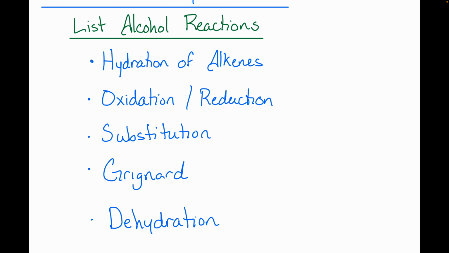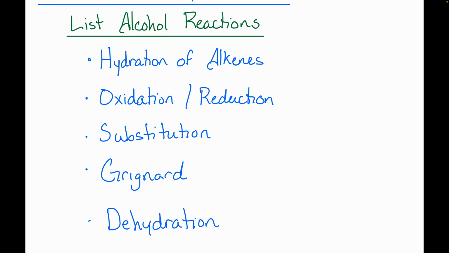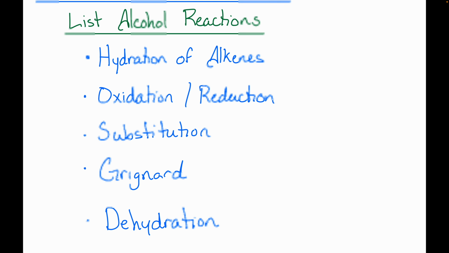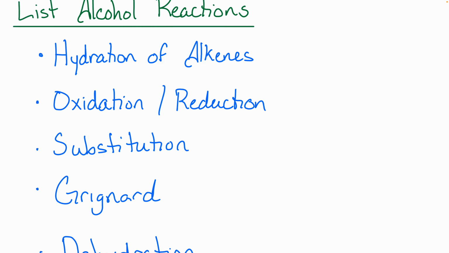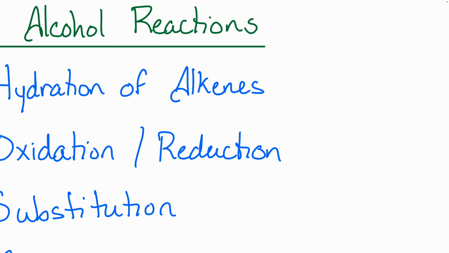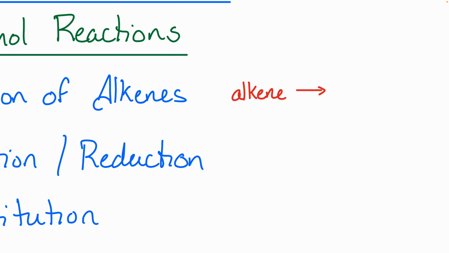Okay, so it all seems very big and scary, but when we break it down, think about these topics covered. These are the topics that we've covered here. So that's what we need to know. We don't need to know everything. We need to know these 5 things. Okay, so let's give ourselves a little bit more information here. For example, when I'm talking about the hydration of alkenes, that means converting an alkene into an alcohol.